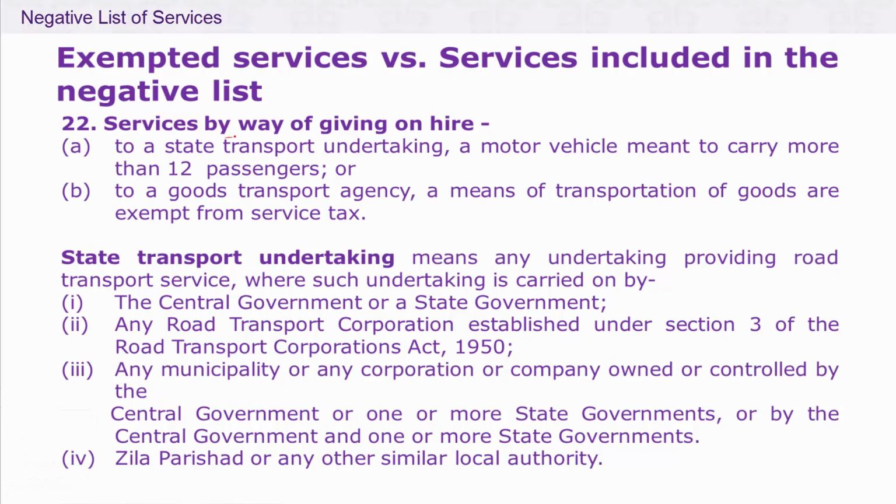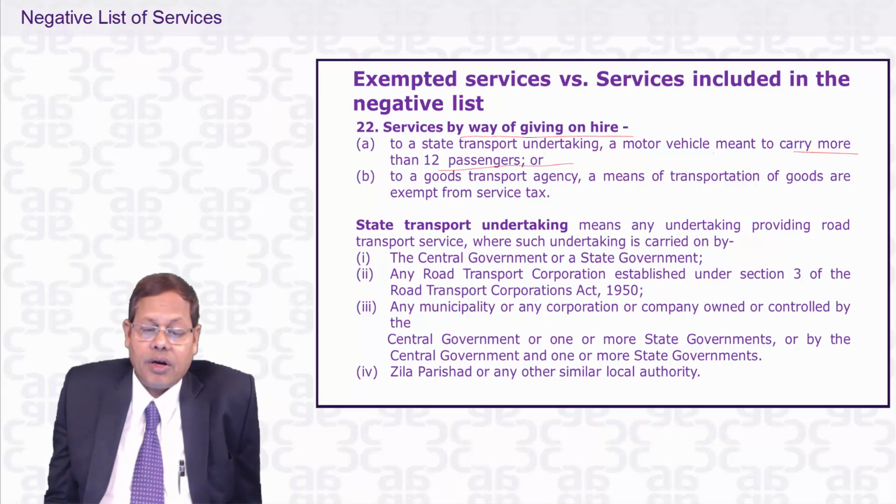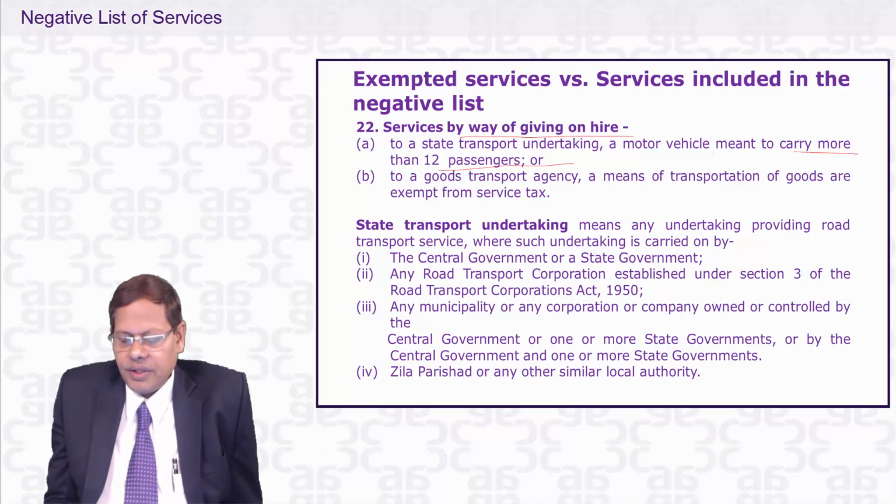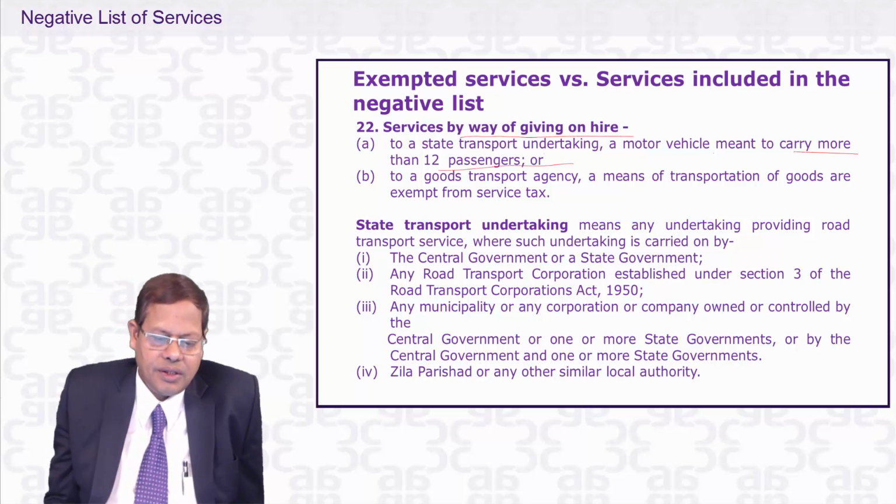Services by way of giving on hire to a state transport undertaking a motor vehicle meant to carry more than 12 passengers. So, state transport undertaking, like Delhi Transport Corporation DTC, like BEST, Mumbai. Public transport. Transport is in the hands of the state government, and if you give your vehicle, like a bus, to carry more than 12 passengers, that is there.